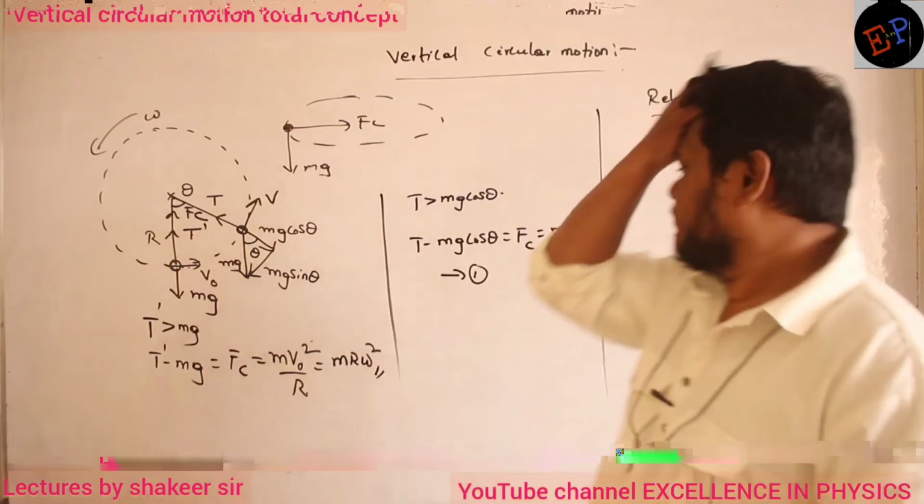See, in this condition, tension was in this direction when the bob was here. For example, if you take the bottommost part of this rod, tension will be in this direction in the initial condition. But at 133 degrees, tension will change direction. This is the direction of tension. So previously it was towards the center, no? Now at 133 degrees it is away from the center.